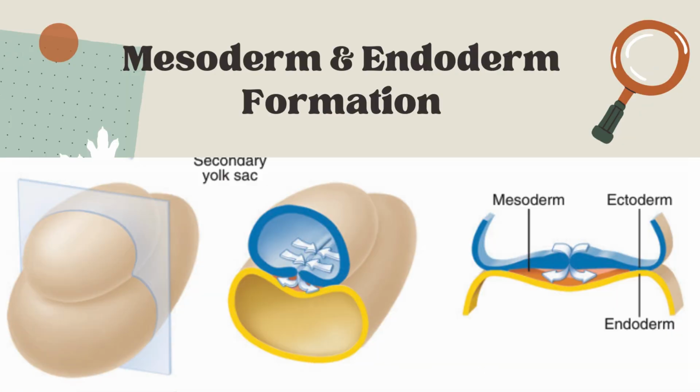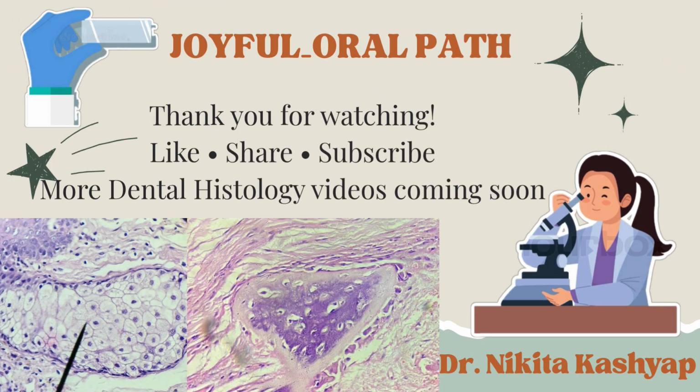The original epiblast cells that stay on top become the ectoderm, later forming skin, the nervous system, and the enamel of the teeth.